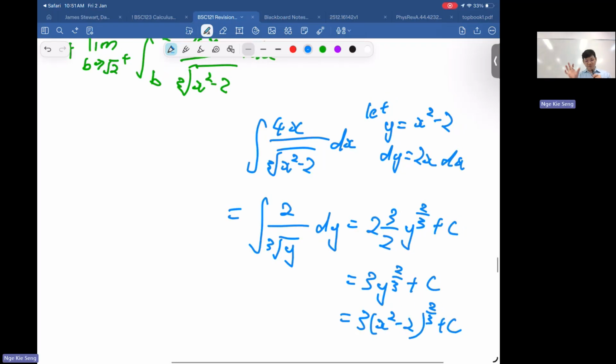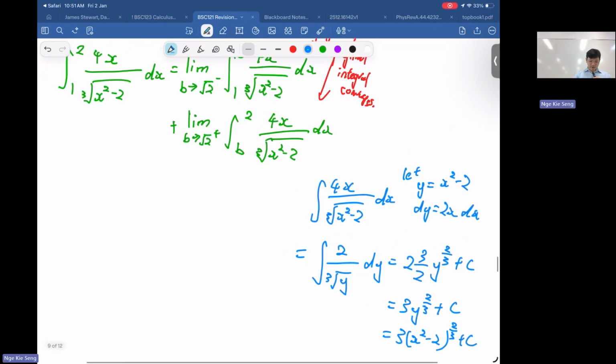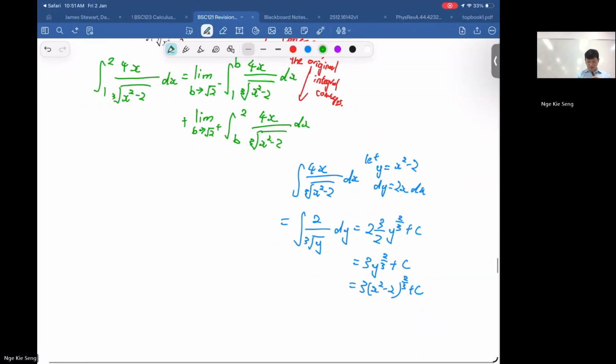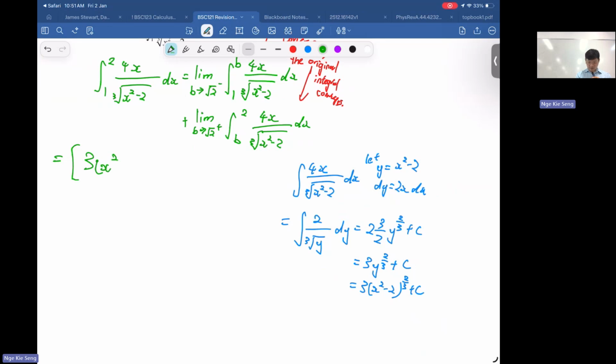Okay. I mean, the first strategy you should try is substitution. If substitution doesn't work, maybe by parts. If by parts doesn't work, maybe trig substitution. Okay. Then you put it back in, you get 3 times x. Okay. I think we should write down the limit first.